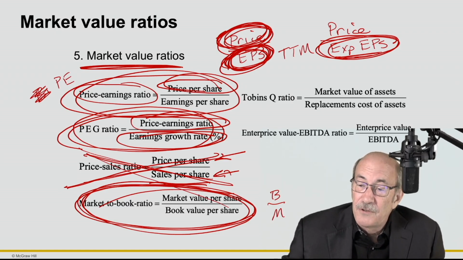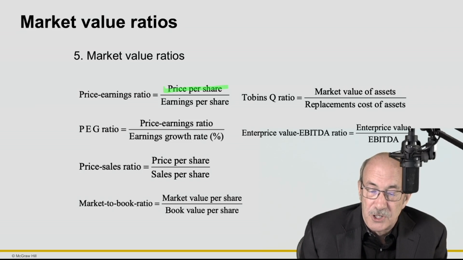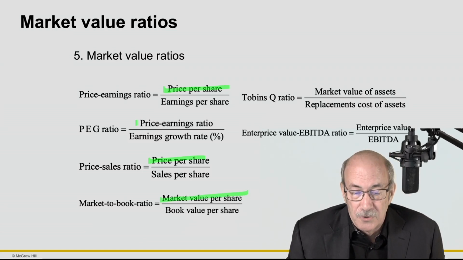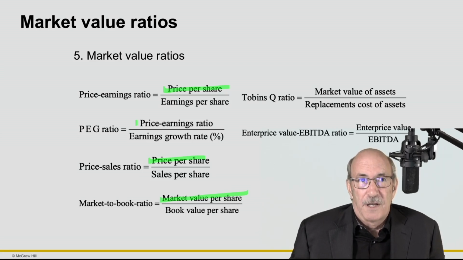Let me clear off this mess that I've got so far. And I'm going to go back to a highlighter. So price per share and price per share, market value per share, those are all the same figures, right? You could actually say price per share in there. That's exactly the same figure.